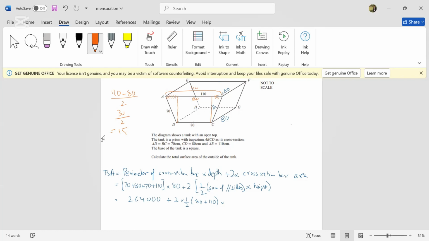Now for the height of the trapezium, we need to use Pythagoras theorem. H square equals P square plus B square. I am taking this triangle; I can take either of the triangles. Here, hypotenuse is 70, 70 square minus 15 square.